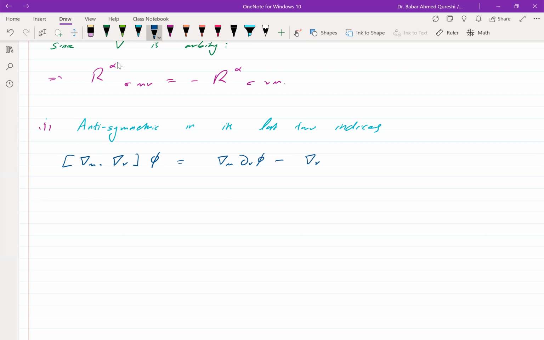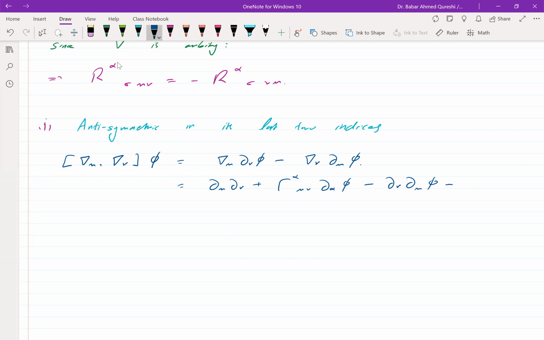And now it has an index, so this will become ∂_μ∂_ν φ minus Γ^α_{μν} ∂_α φ, minus ∂_ν∂_μ φ.